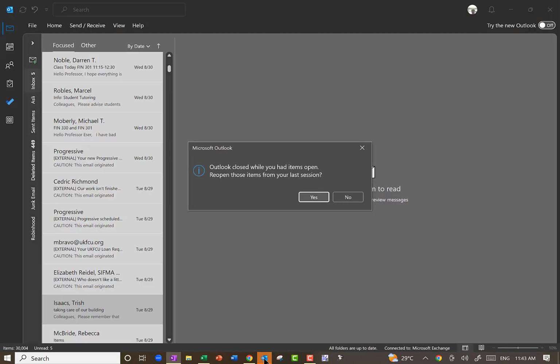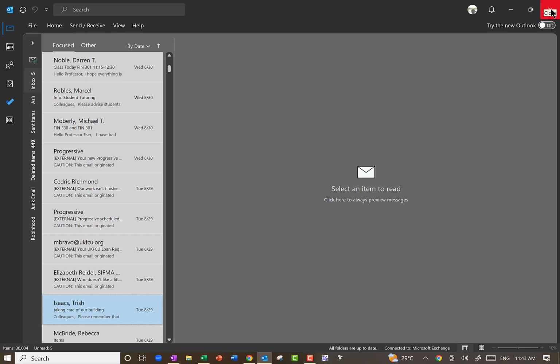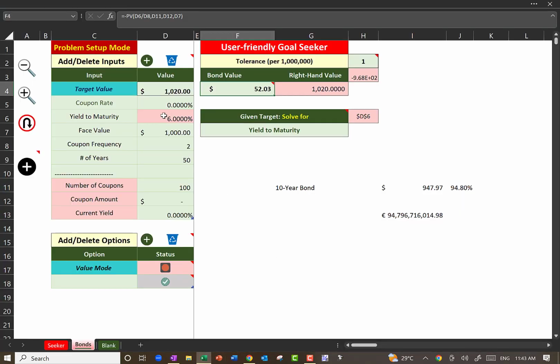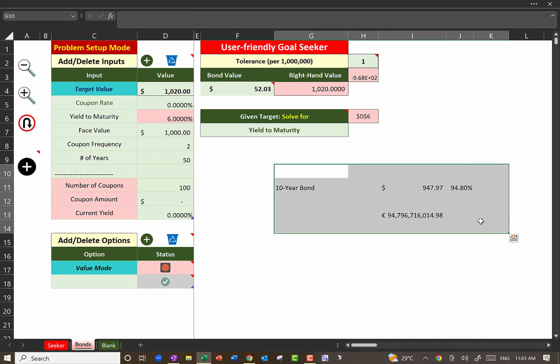Let's leave those in there. Let me get rid of these. You're going to appreciate the power of writing your own functions because Excel does not have a weighted average function.